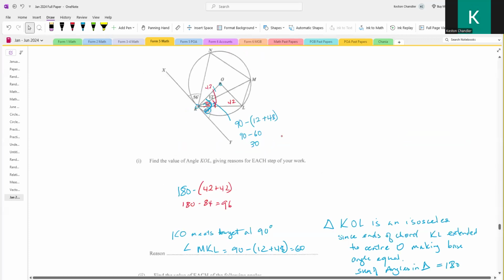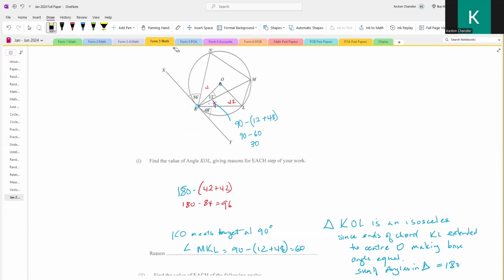Everybody with me so far? Right. Look at this. This and this, same base. Watch this triangle here, and this triangle here. Both of them are on the same base.